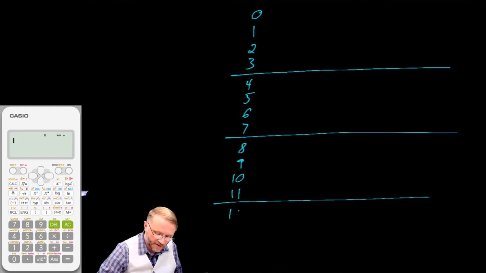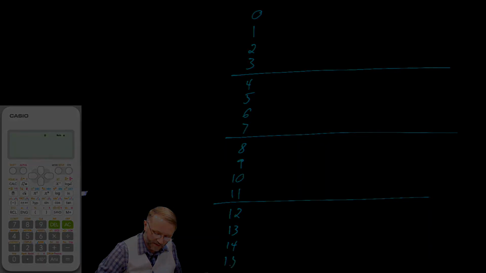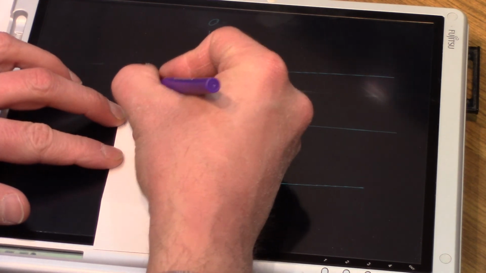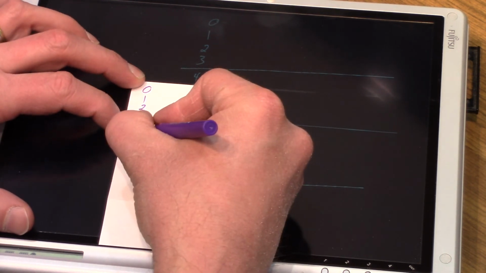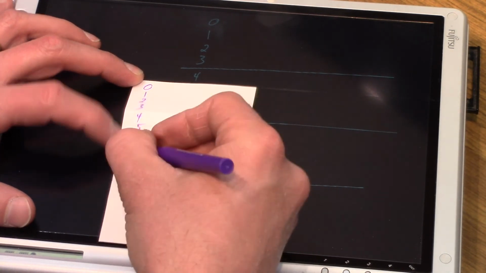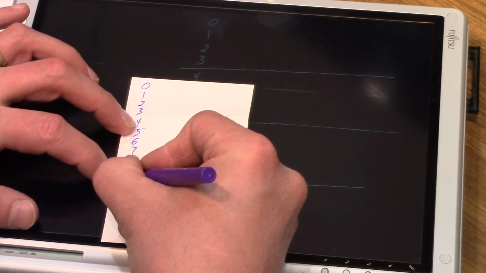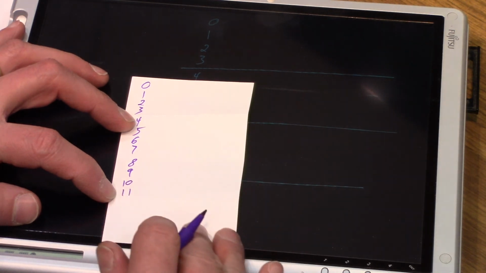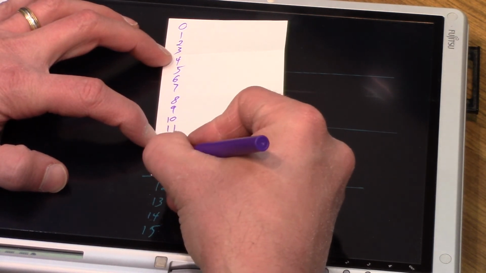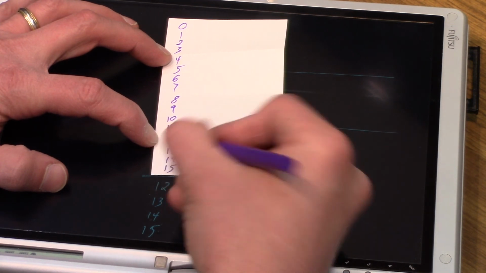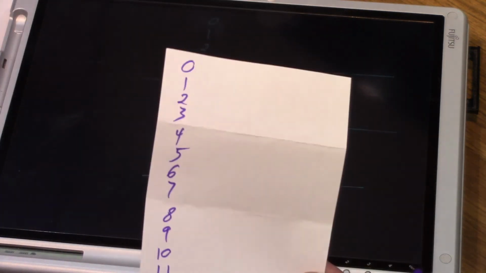And 12, 13, 14, 15. So that looks like this: 0, 1, 2, 3, 4, 5, 6, 7, 8, 9, 10, 11, and 12, 13, 14, 15, like so.